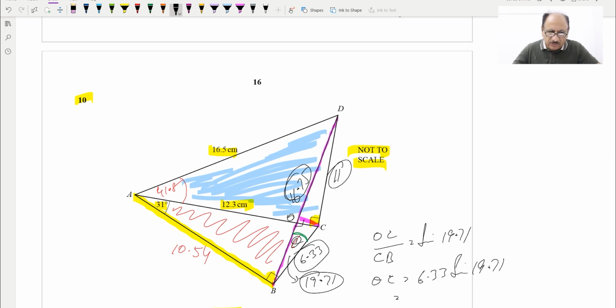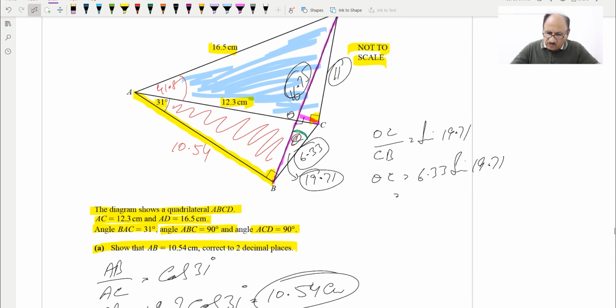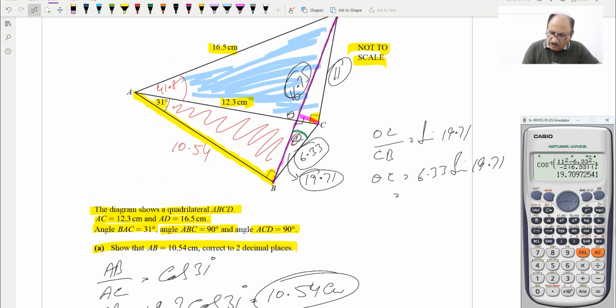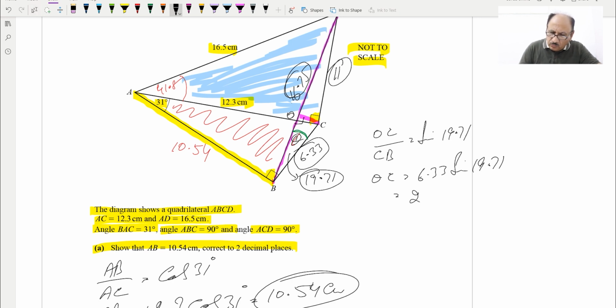This we need to calculate with the help of a calculator: 6.33 into sine of 19.71 will give us the answer 2.13.